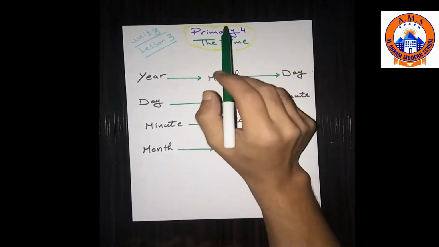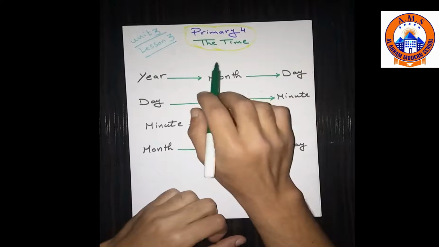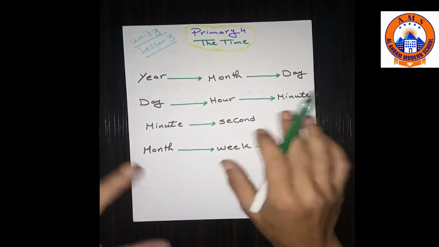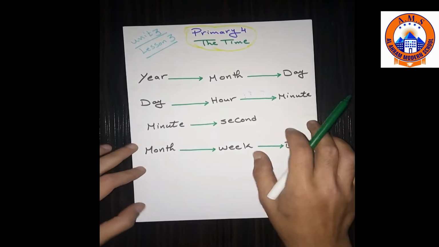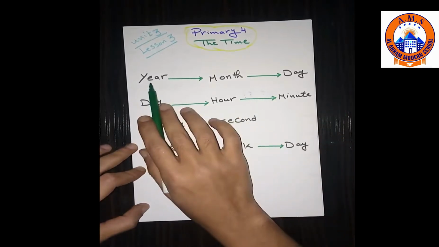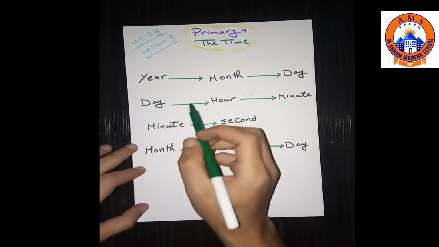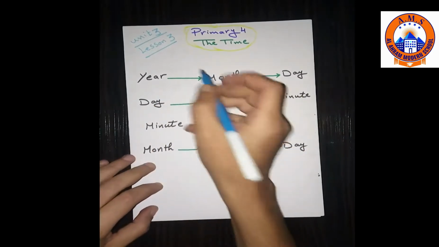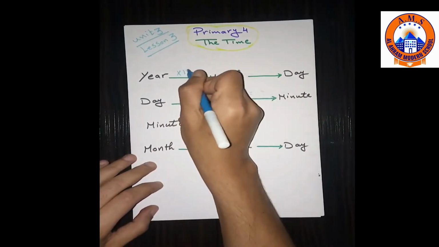Today we're going to talk about the last lesson in Unit 3, which is time, and you have known some of it from the previous years. First, if you want to convert from a year to a month, the year contains 12 months, so to change from years to months we multiply by 12.